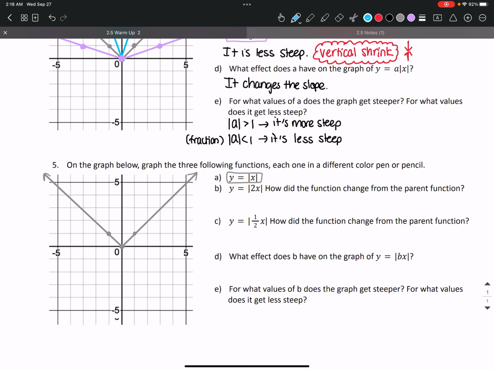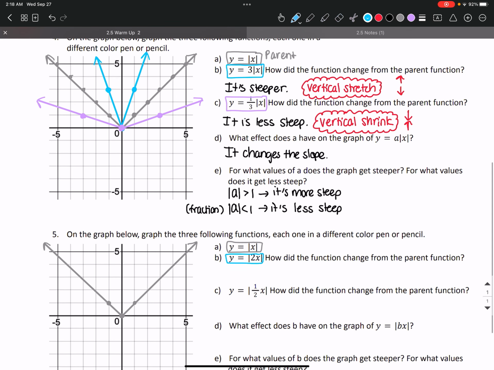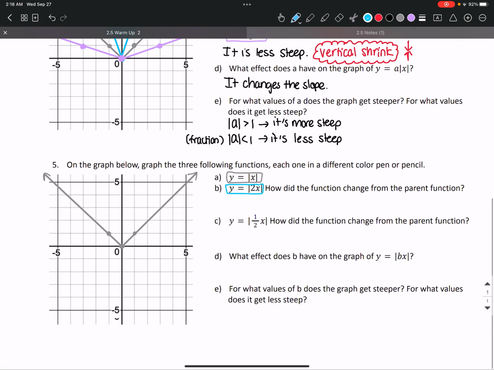Then the second one I'm going to graph is y equals the absolute value of 2x. And the way this differs from the previous example is that the 2 is inside instead of on the outside. And I want to see how that is going to affect the parent function if I have the coefficient inside. Well, if I plug in x is equal to 0, I'm going to get 0. If I plug in x is 1, I'm going to get 2.